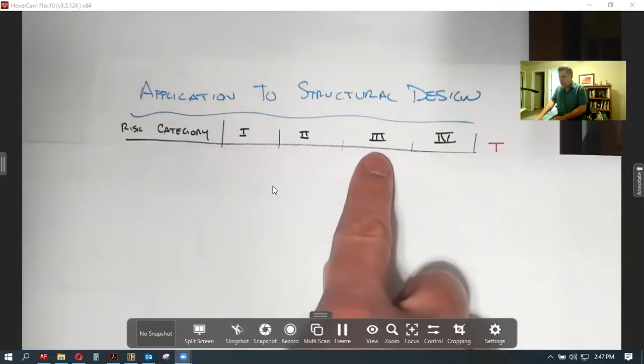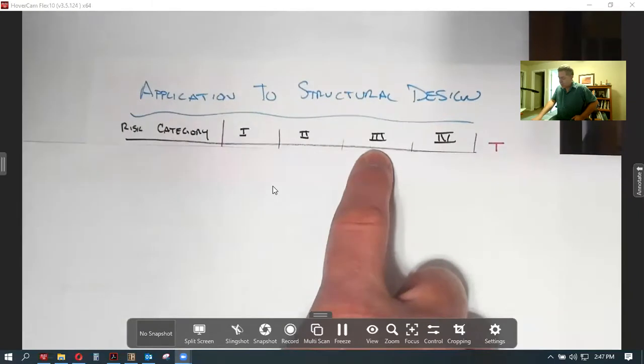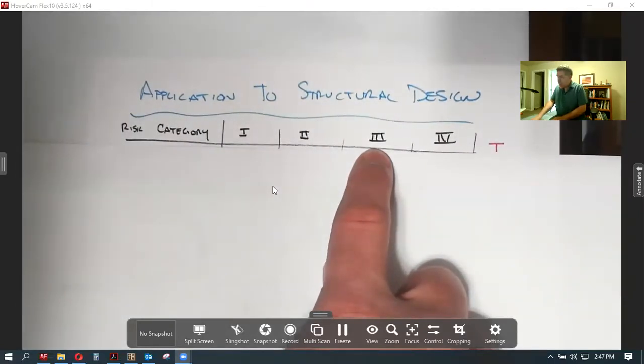category 4. Category 3 are important facilities where either the large number of occupants elevates the level of risk to society, or, as in the case of, say, K through 12 schools, the societal trauma of what might happen after a lot of fatalities is something that society just doesn't want.